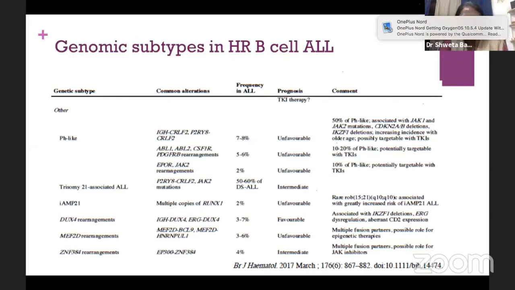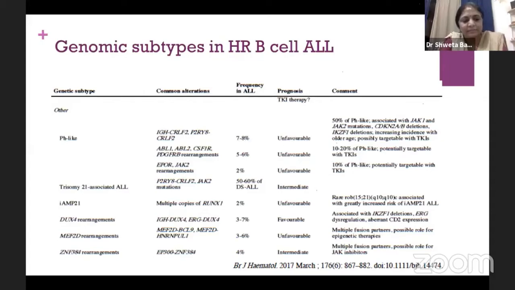For CRLF2, we know that they can be targeted with TKIs. PDGFR beta again can be treated with TKIs. For JAK2, we now have ruxolitinib and JAK2 inhibitors, which can be used in these patients. And definitely, chemo resistance can be decreased by using these targeted therapies.